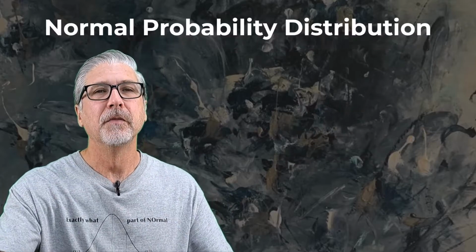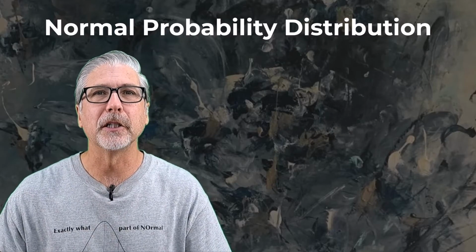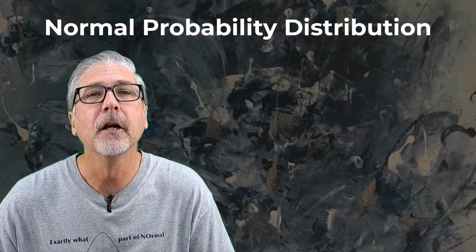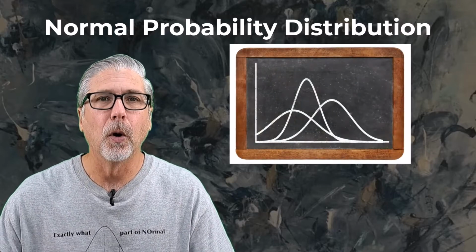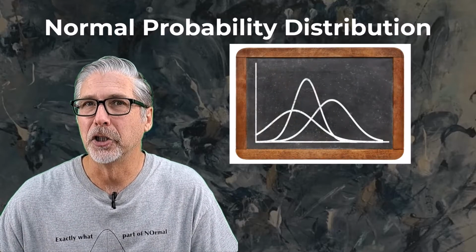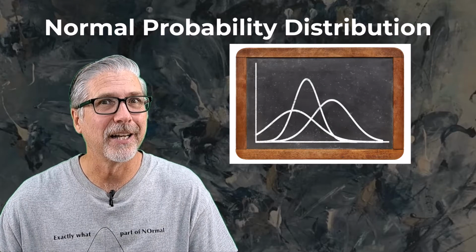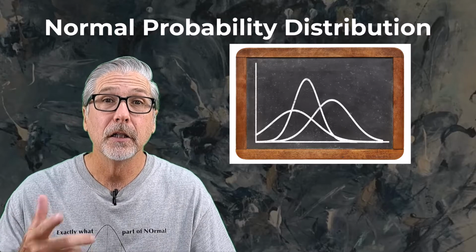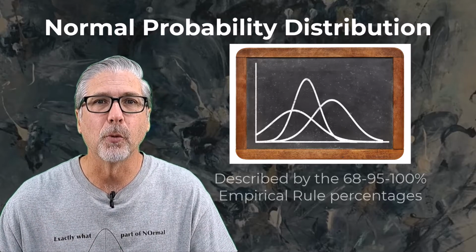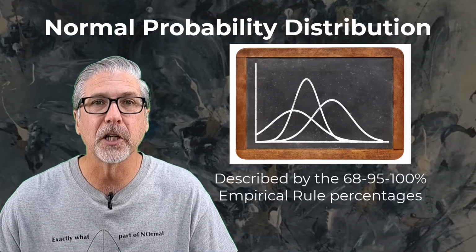All right, so enough kidding aside, let's jump into this whole normal thing, shall we? Most people have seen the normal distribution before. You know the one, symmetric, mound-shaped, dare I say, sexy even. All right, maybe that's me, maybe that's a little over the line, but you guys remember 68, 95, 100, right? The empirical rule percentages?